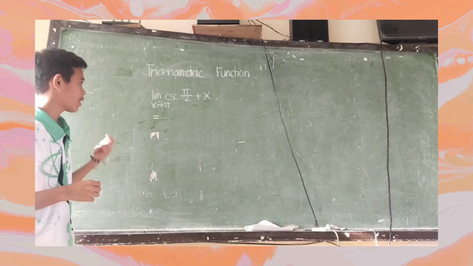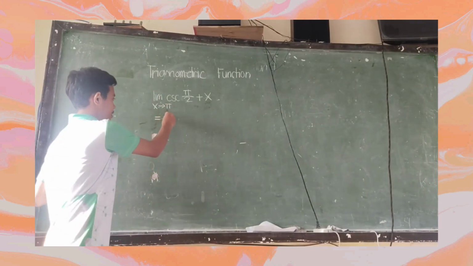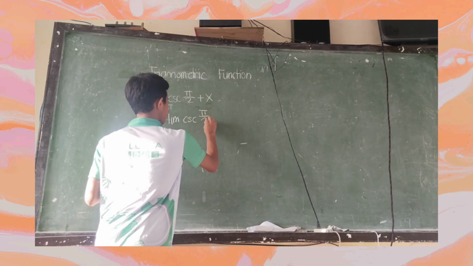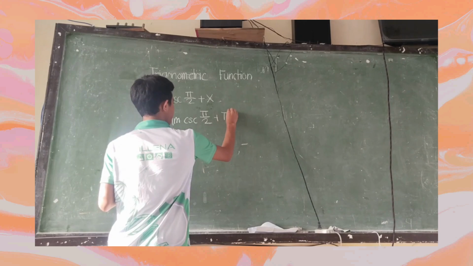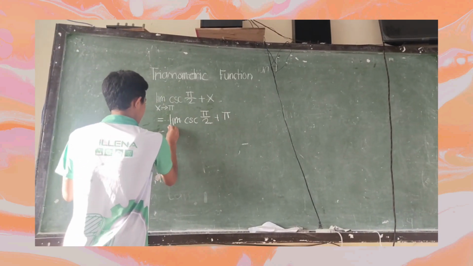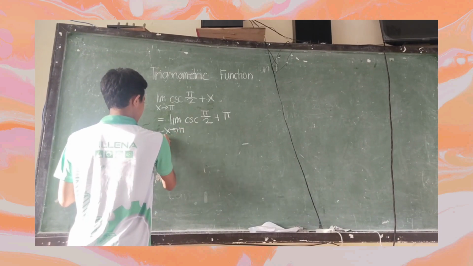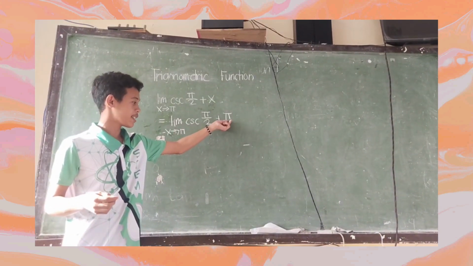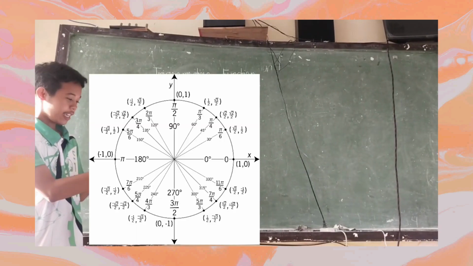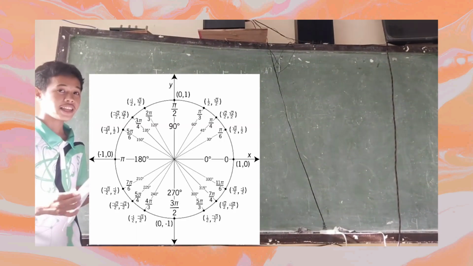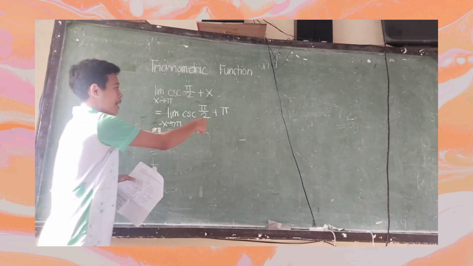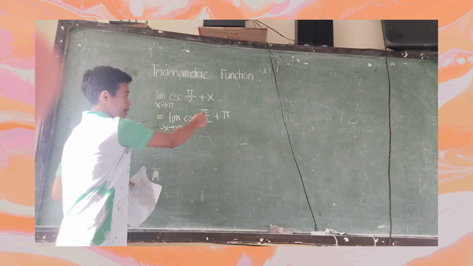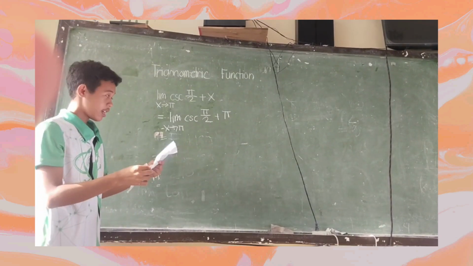The first thing to do is evaluate the value of x, which is equal to pi. Since pi in the unit circle is equal to 180 degrees, and pi over 2 is 90.